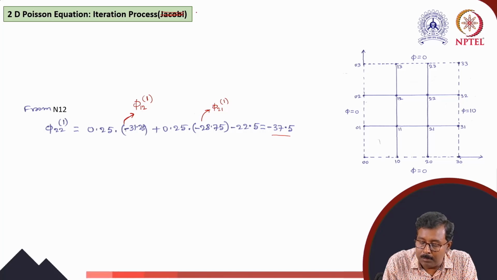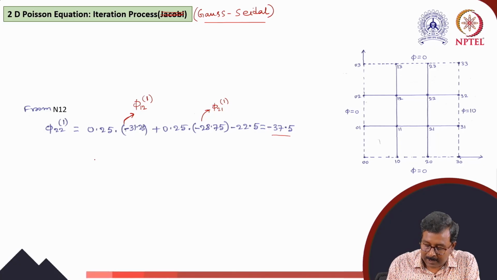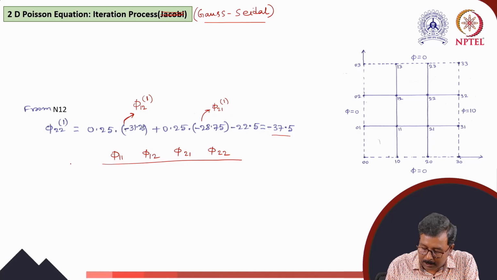This should be Gauss-Seidel. So let us tabulate again: phi 1 1, phi 1 2, phi 2 1, phi 2 2, and the number of iterations you write.